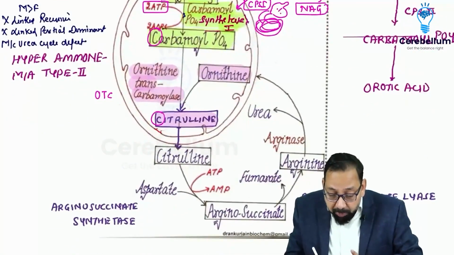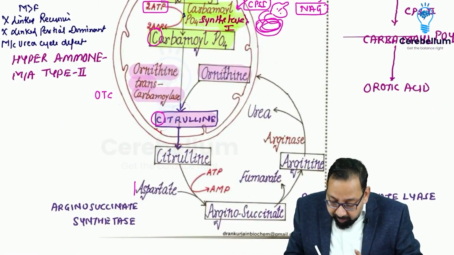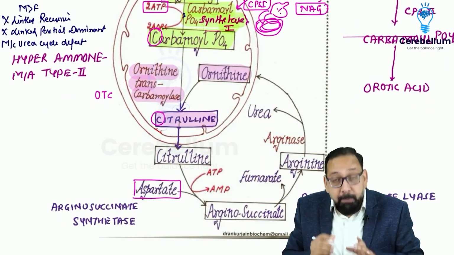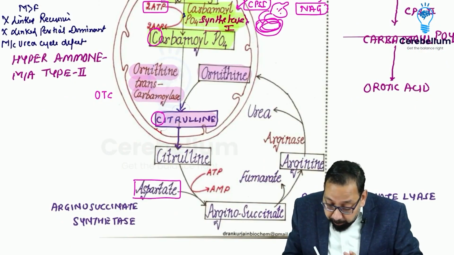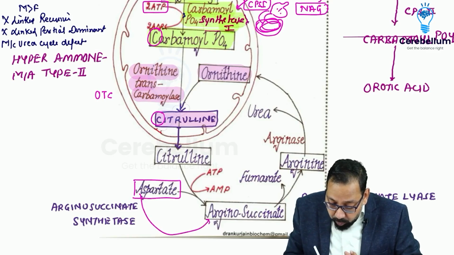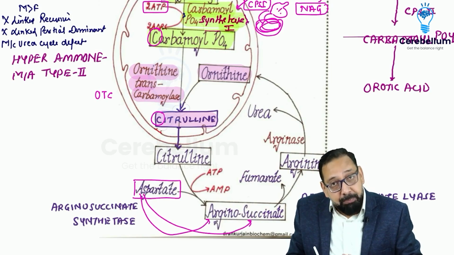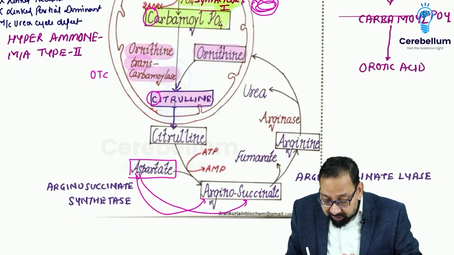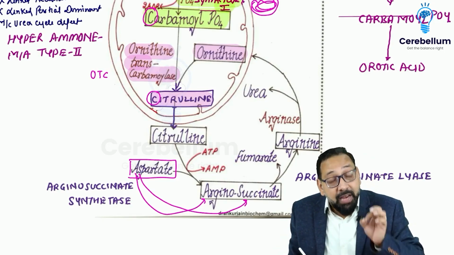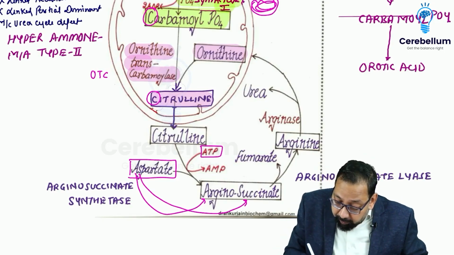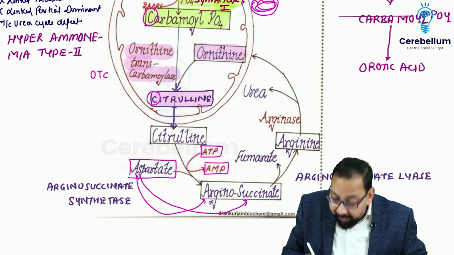Now citrulline comes out of the mitochondria and binds with aspartate. When it binds with aspartate, it produces argininosuccinate. In this step 1 ATP is converted to 1 AMP.